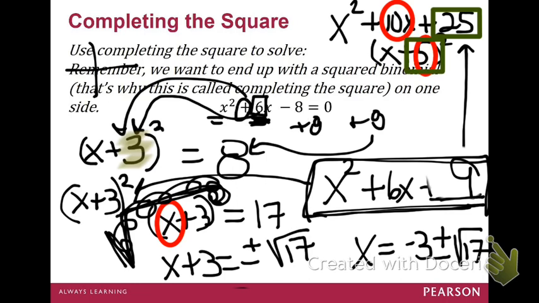So what this practically means is x is going to be equal to negative 3 plus 4.12 or negative 3 minus 4.12. And if I do that math right there, I'm going to have a dot over here at x equals 1.12.